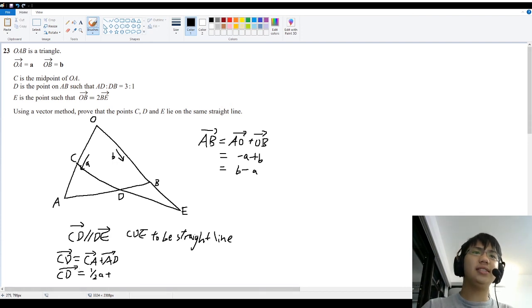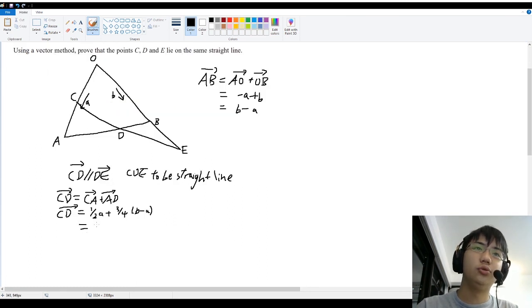So CD is CA plus AD, so CD is half a plus 3/4, since this ratio here is 3 to 1, AD is 3/4 of the length of AB, while DB is 1/4 of the length of AB. So 3/4 of b minus a, which is 1/2 a plus 3/4 b minus 3/4 a, which is equal to 2/4 minus 3/4.